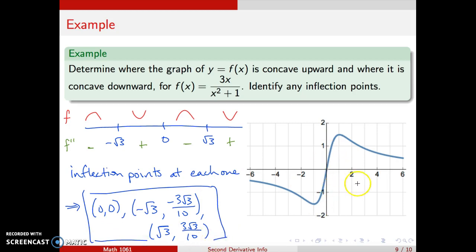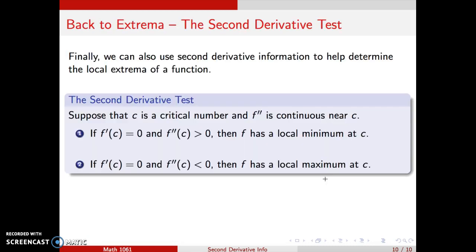So those are the inflection points. Like we said on the previous slide, right about here, right about here, right about here. Something like that in that ballpark. So a very similar approach, a very similar type of thinking that we did with local extrema.